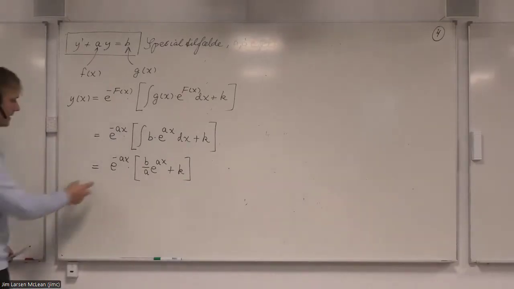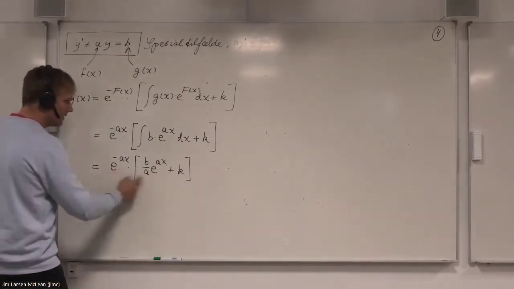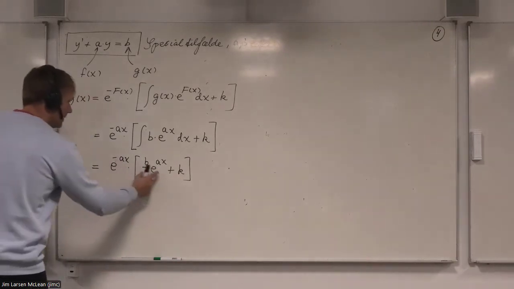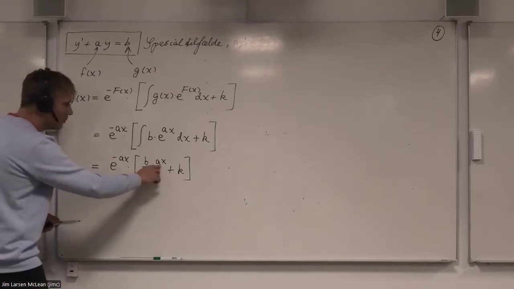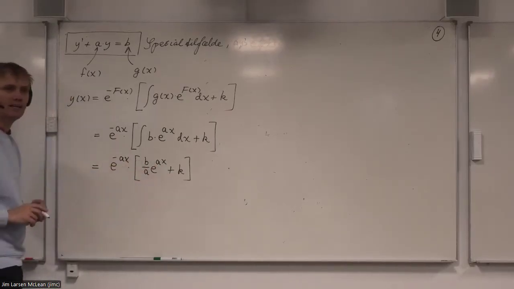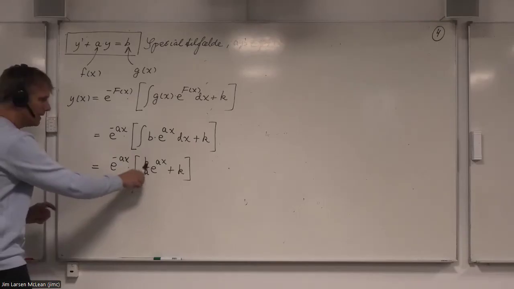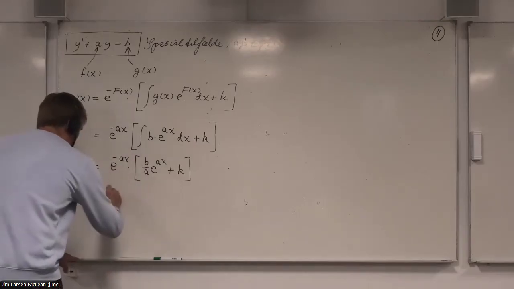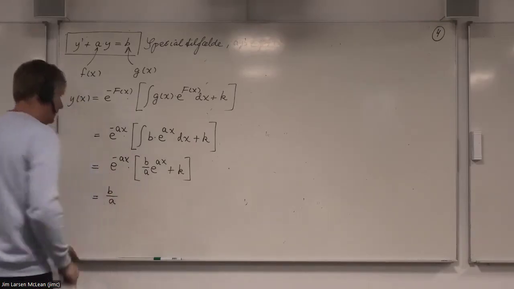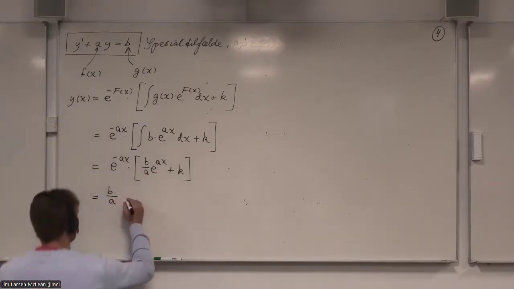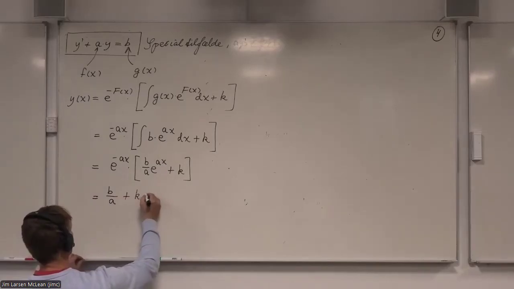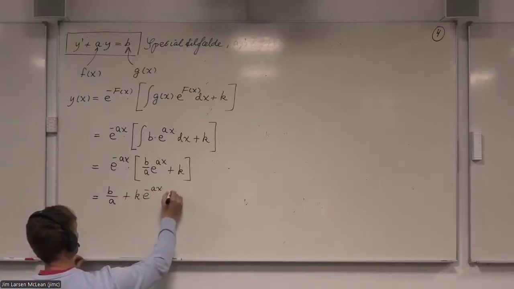And then I can take that factor and multiply it into the first term, and that factor and multiply it into the second term. And when I multiply, I get something very beautiful, because e to the power of minus ax times e to the power of plus ax gives e to the power of 0, which is 1. So it just becomes b over a when I multiply in. And then I multiply that factor into k, so plus k times e to the power of minus ax.